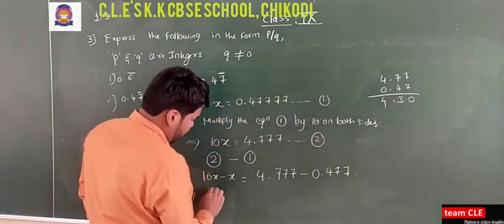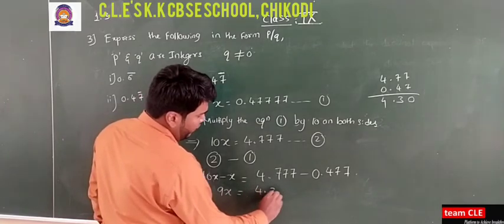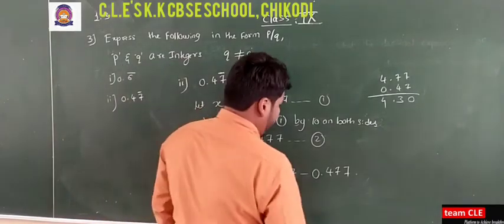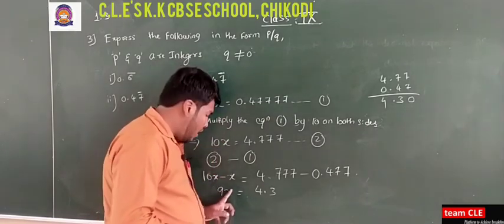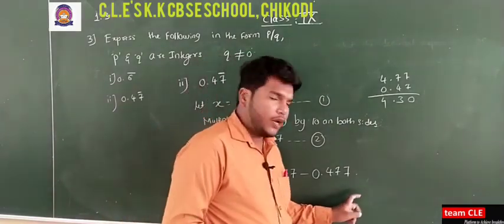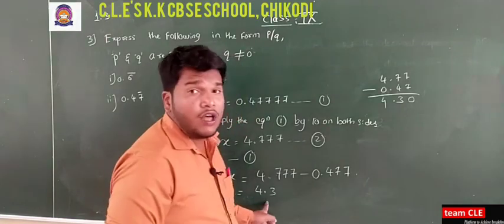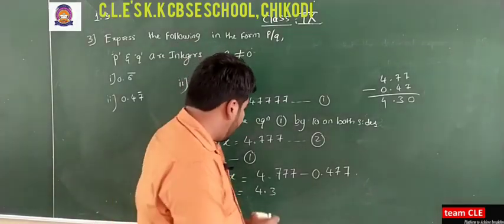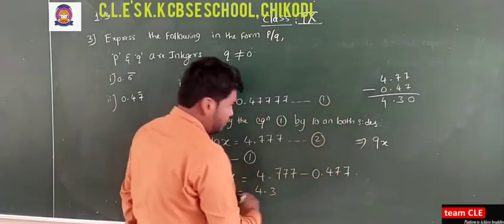So this you will get as 10x minus x, which is equal to 9x, which is equal to 4.3. And after doing subtraction, you will get 4.33.